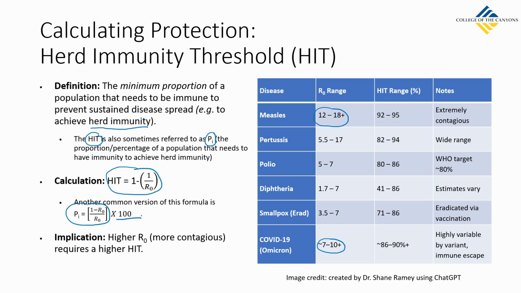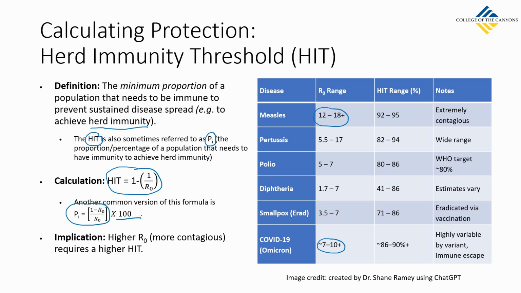And calculating R naught involves a lot of detective work. Epidemiologists need to trace contacts, figure out how many contacts of those index cases actually come down with the disease.